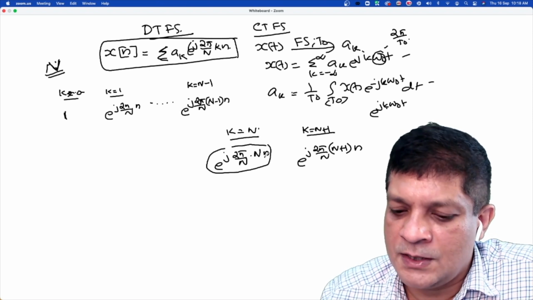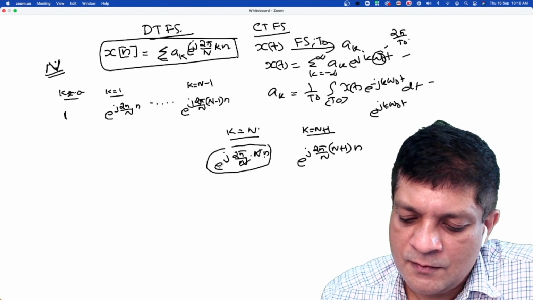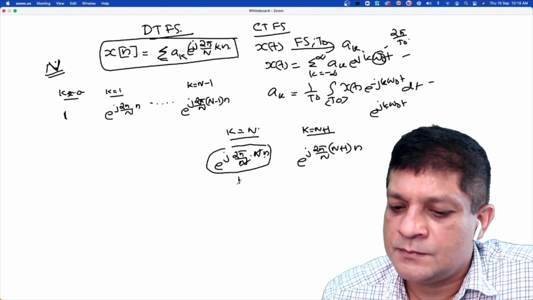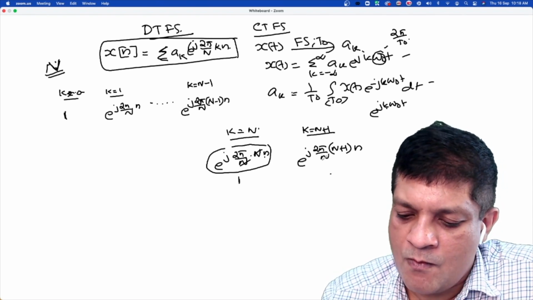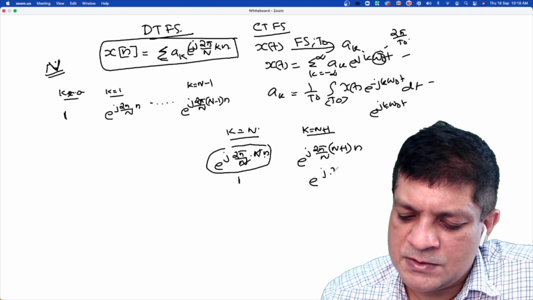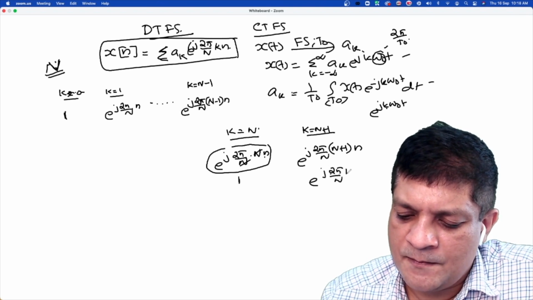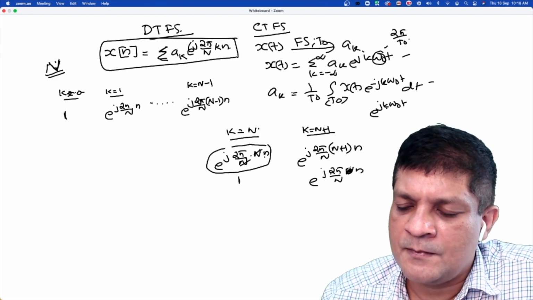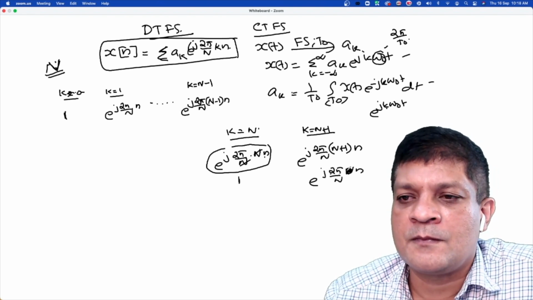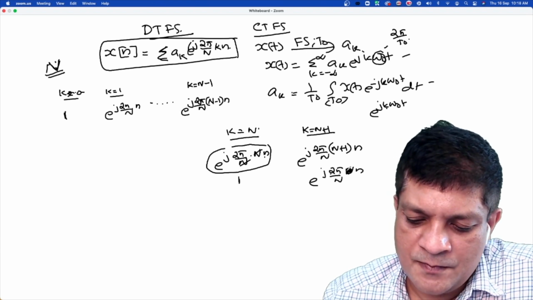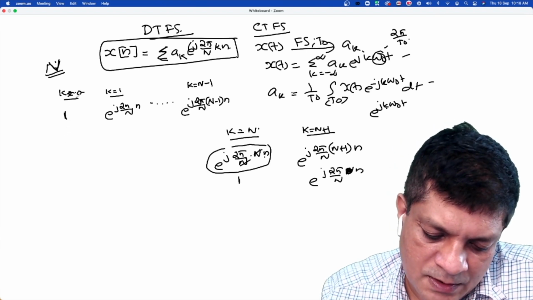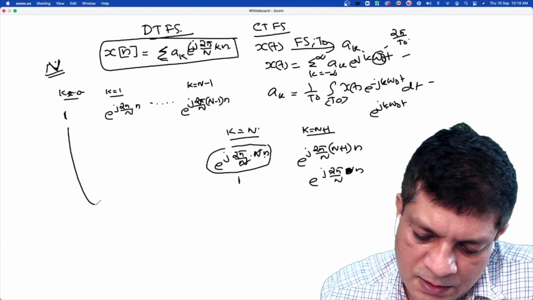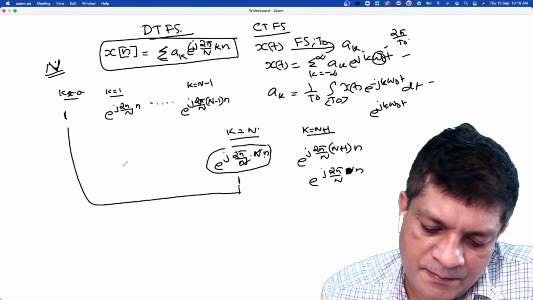The small n is an integer. So this is 1. And what about this? Is it e to the power j 2 pi n? Yes, sir. So k equals 0 and k equals N, they are the same.